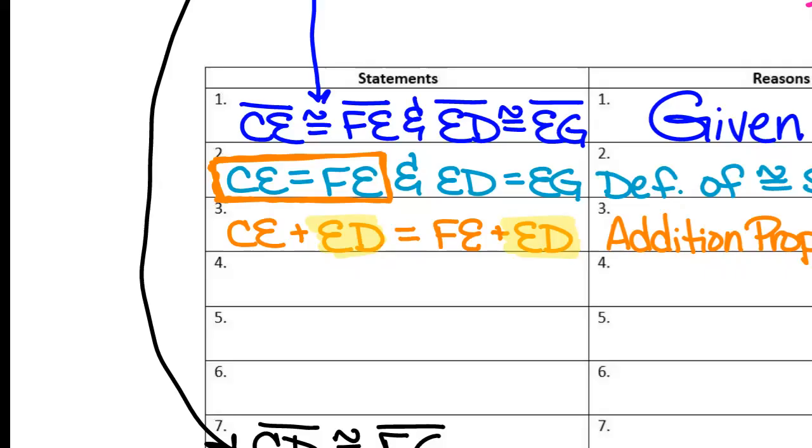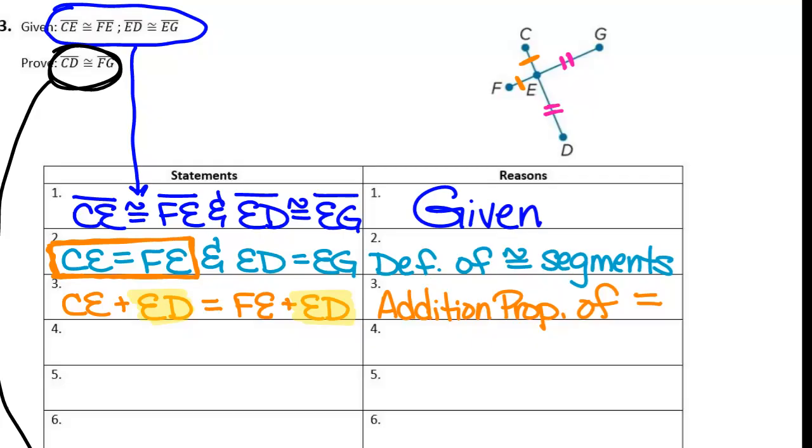All right. This is a little bit weird. So CE and ED together make that whole big long segment, right? But FE and ED don't make anything really. That doesn't make any sense. I don't get a bigger segment from those two. There's a bend in it.